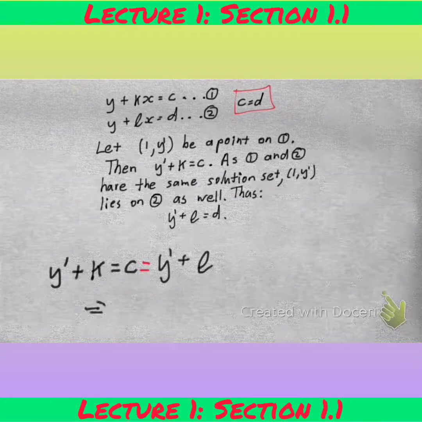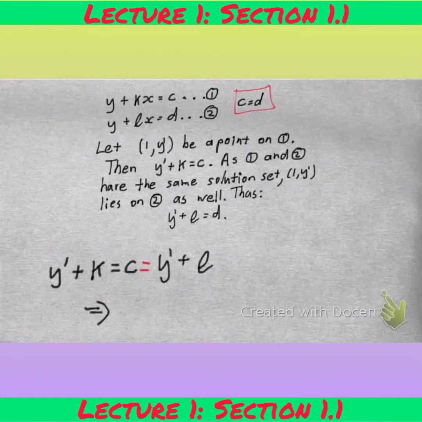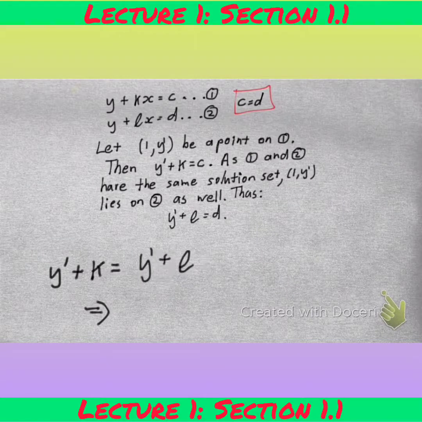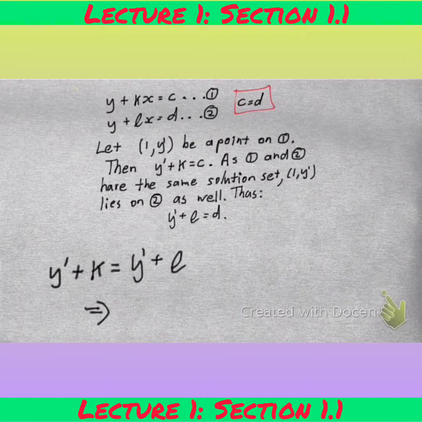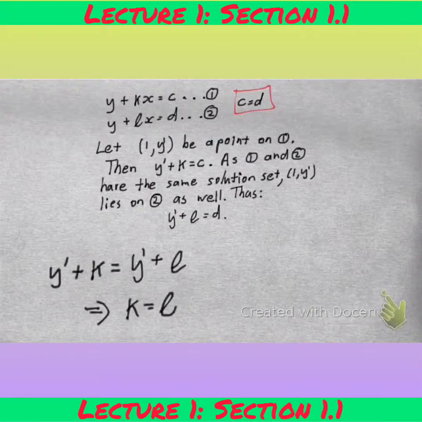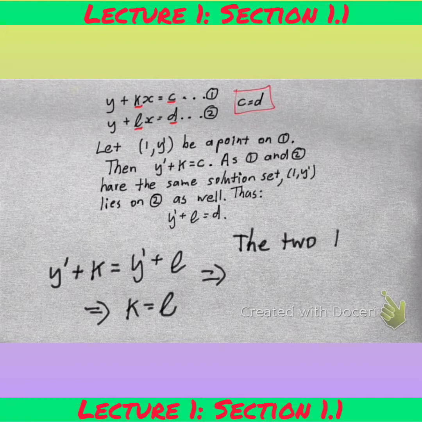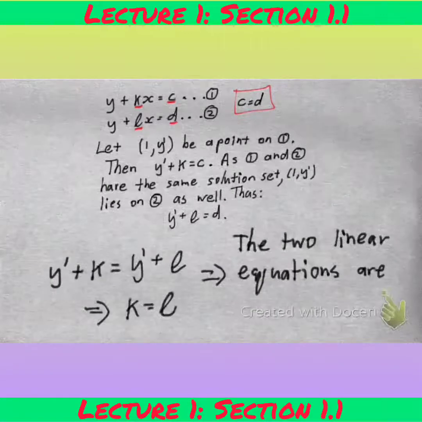Right, so that is then going to imply that we have this, and basically that is going to then imply that k is equal to L. Alright, so we have now proved that k is equal to L and c is equal to d. So that implies the two linear equations are identical.